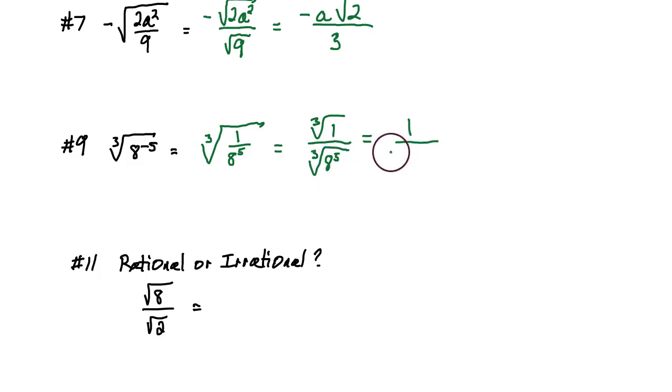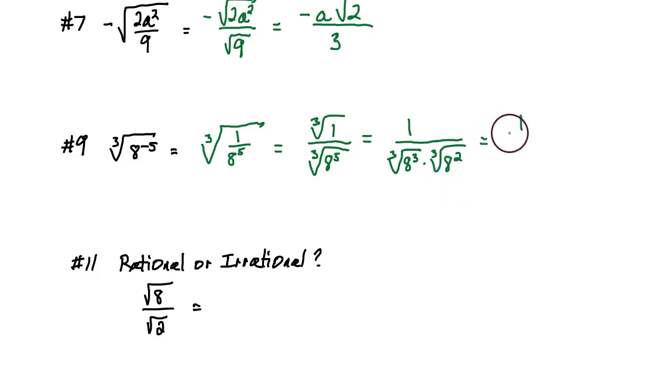So let's rewrite this as the cube root of 8 to the third power times the cube root of 8 to the second power. This denominator is the same as this one, but I've broken it up or factored it into two factors.